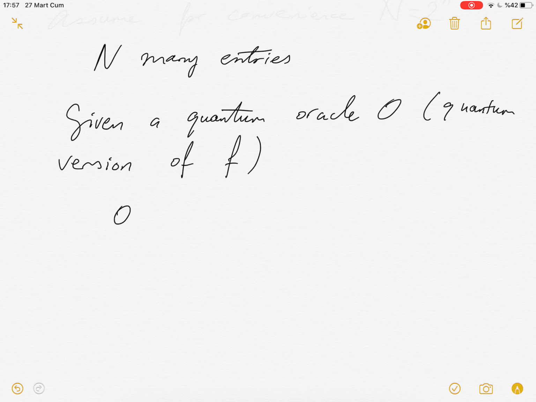And O is simply defined as follows: it takes two inputs, ket x and the oracle qubit q, and maps them to x and q XOR f of x.